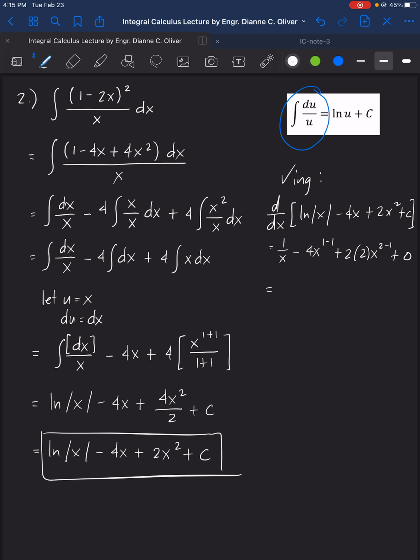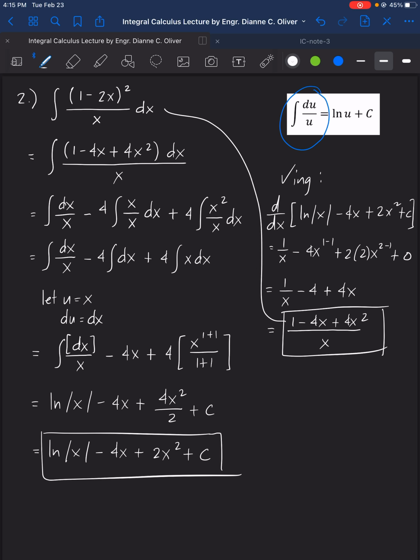So that is now equal to 1 over x minus 4 times x raised to 0, which is 4, plus 4x, and if we put here the denominator x, this is 1 minus 4x plus 4x squared. So this is similar to the given. Therefore, the answer here is correct.